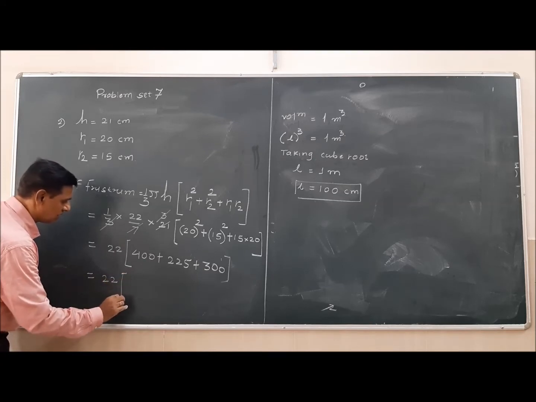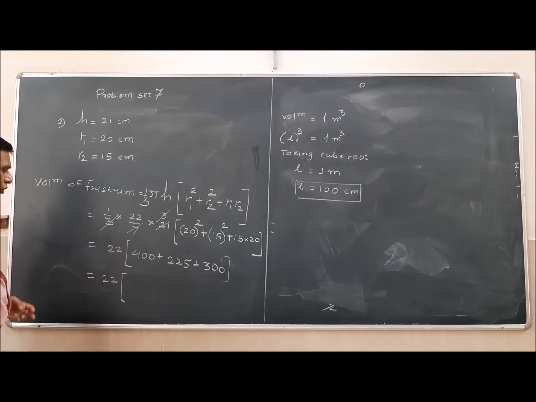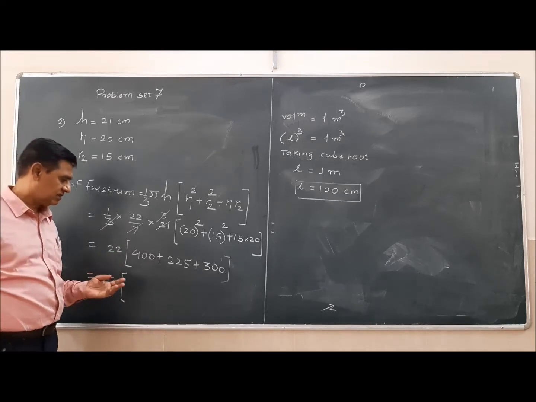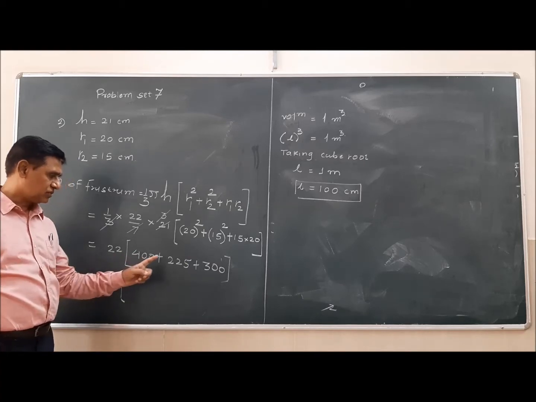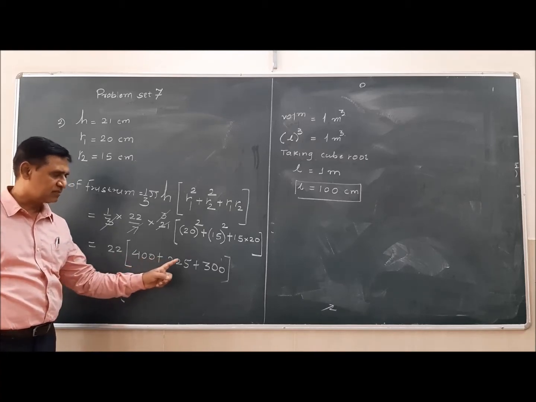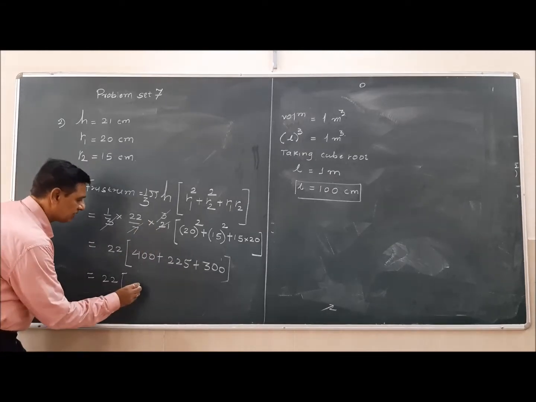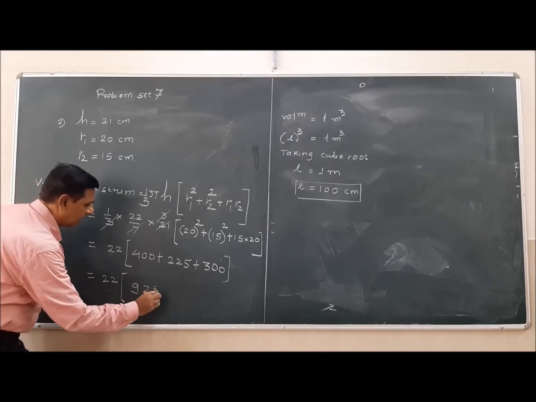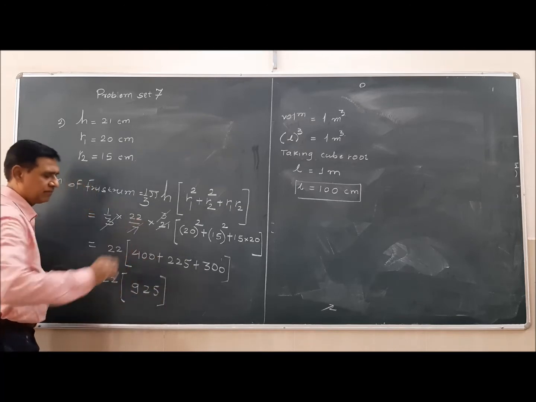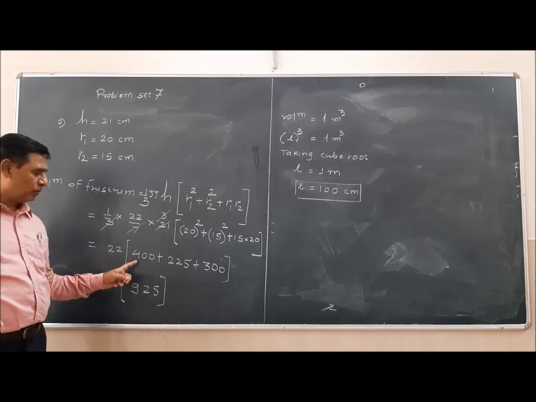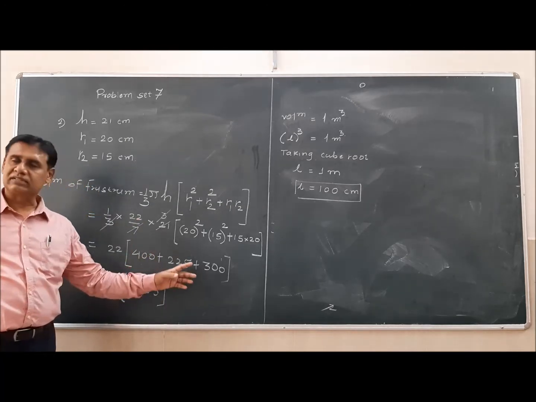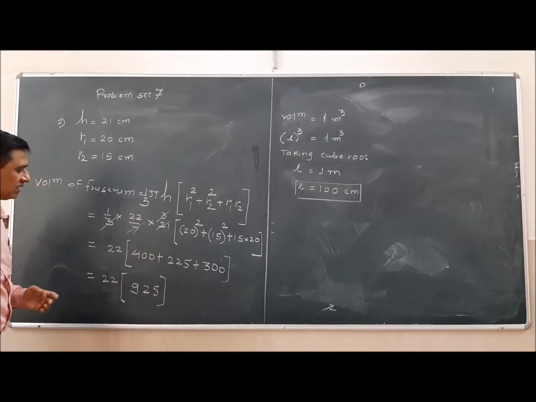I will not touch the 22 at all. So let's add this. 4 plus 2, 6. 6 plus 3. Try to understand. That will give us 925. 4 plus 2, 6. 6 plus 3, 9. And this 25. That is 925.